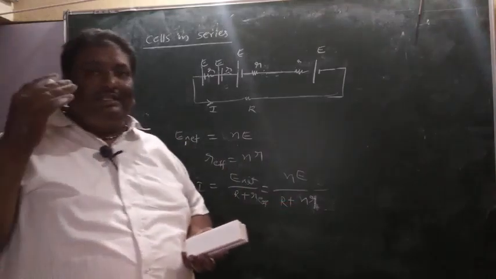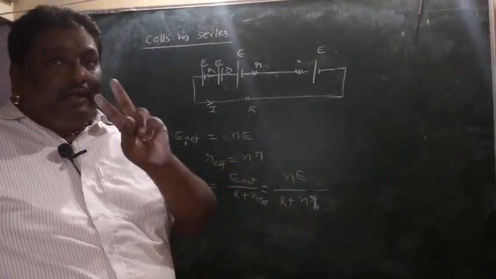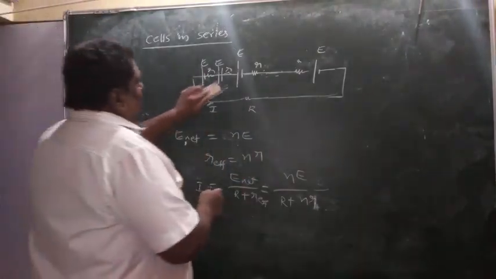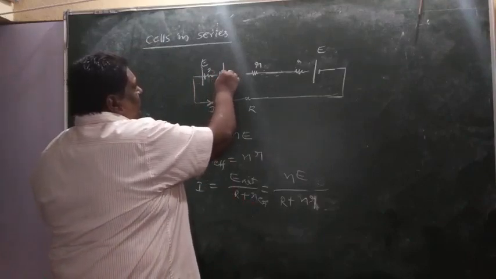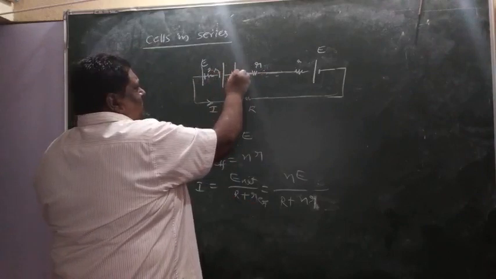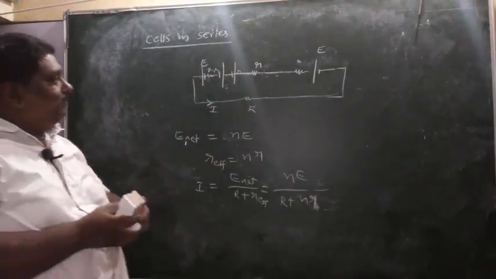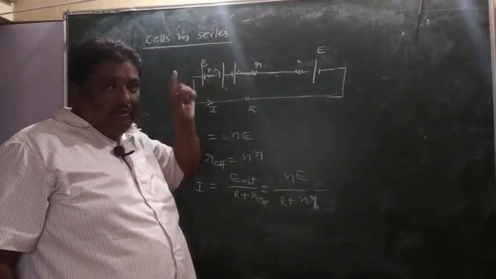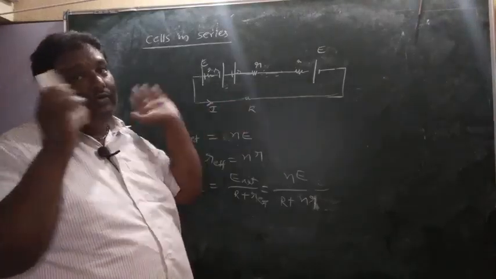Suppose in these cells in series, out of n cells, m cells are wrongly connected. Means if you reverse it, what happens? Like this. But its internal resistance is present. Therefore, how many cells are reversed? That much voltage is not supporting, plus that much voltage is opposing.